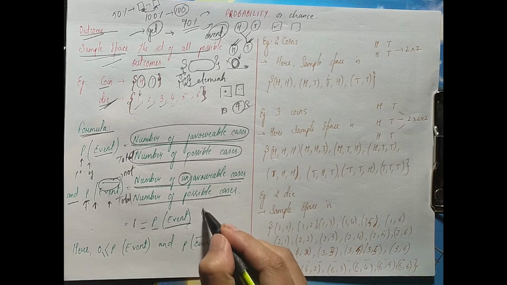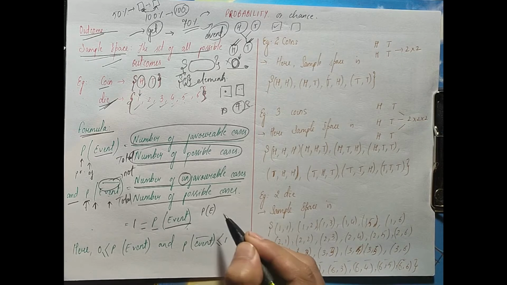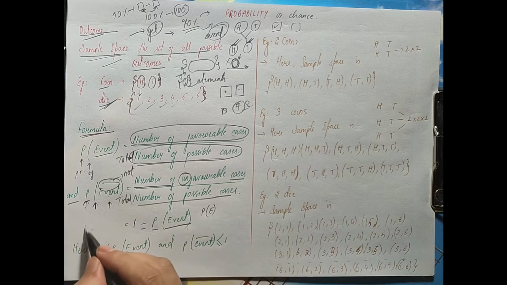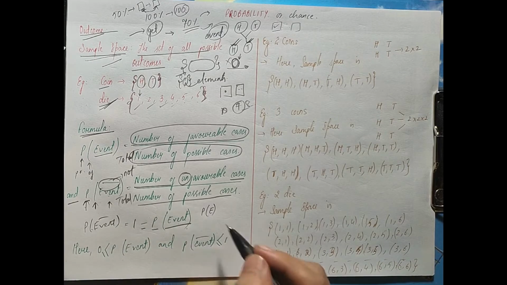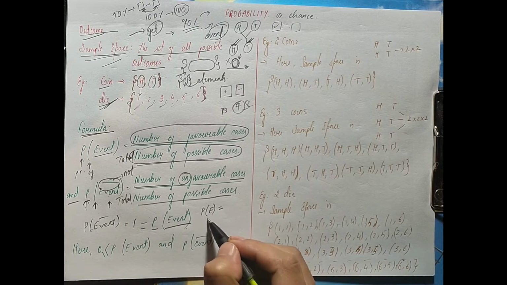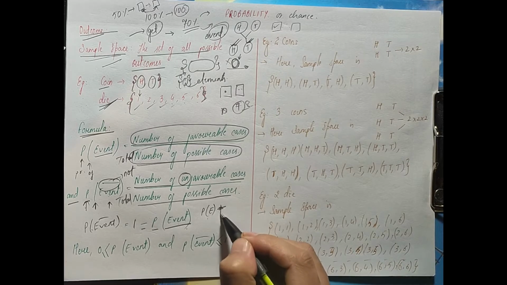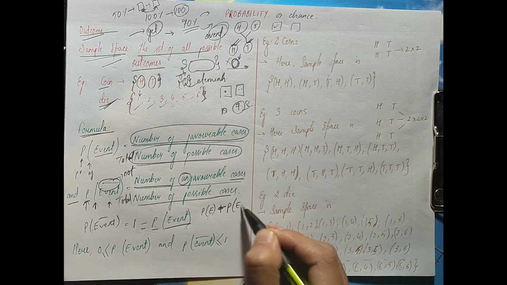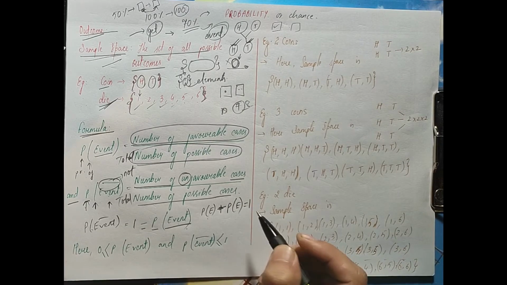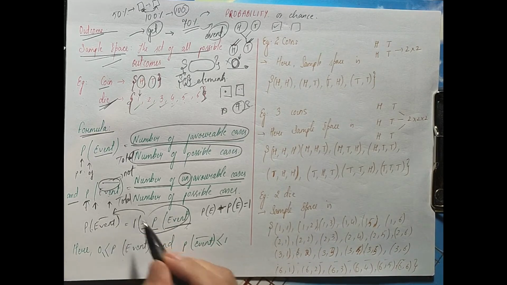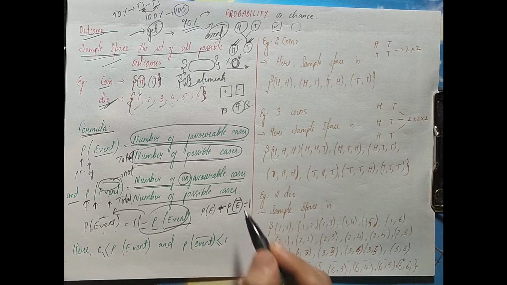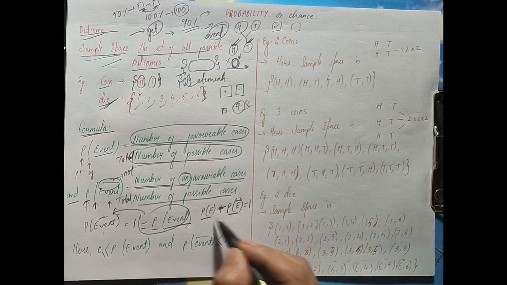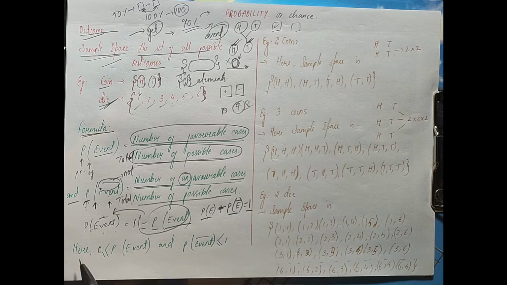So we can say that the probability of an event plus the probability of the event not happening is always equal to 1, right? If you take this here, then minus becomes plus, so the probability of not event and the probability of event is equal to 1. Now this is very important.